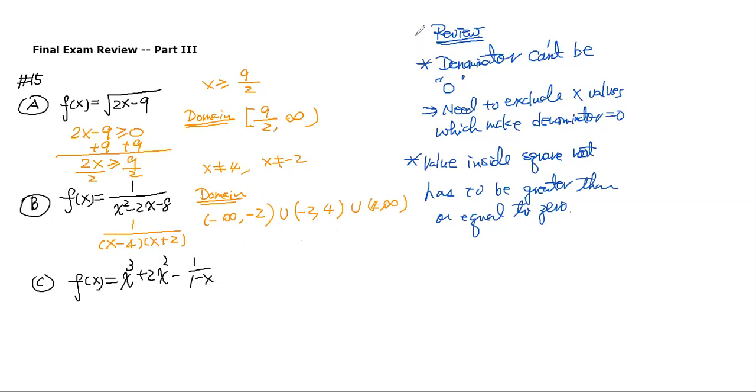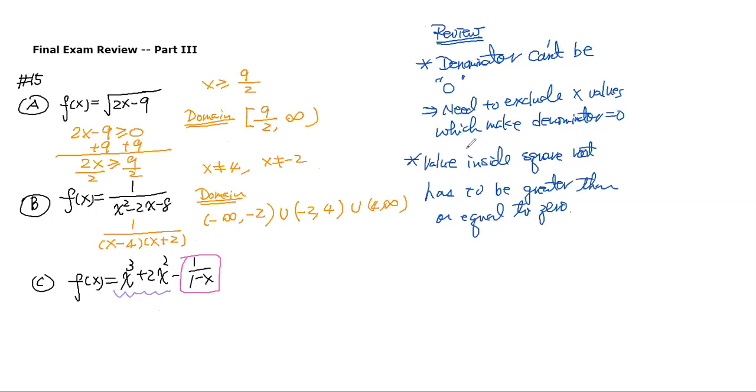All right. Now the last one here. If you take a look at this part, this is just a polynomial, x cubed plus 2x squared. It does not have square roots, does not have a fraction. So this part is okay. Now the only part we have trouble with is this part, right? So this part does have a fraction here. So as long as you see a fraction, then I know I need to follow the rule.